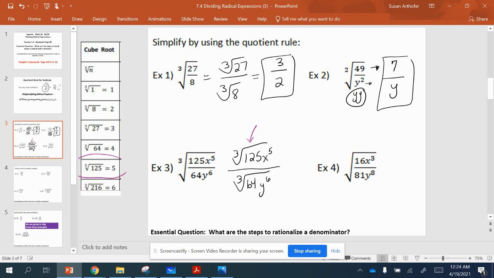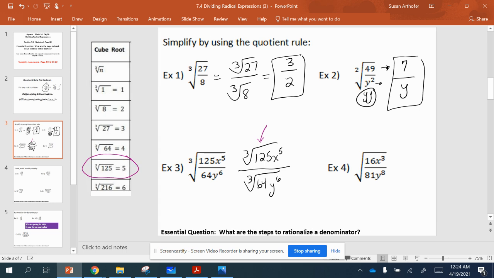It's 5, and 5 is out. Next one, cubed root of x to the 5th. I draw 5 of them, and it takes 3 to get out. Out is an x. In is x squared. So that'll be my top.